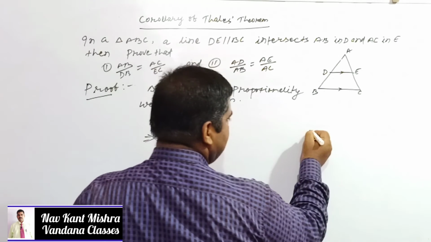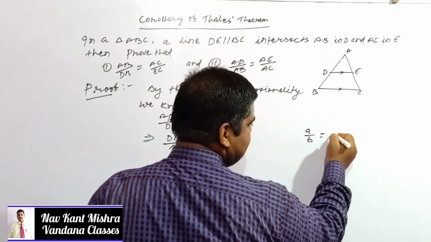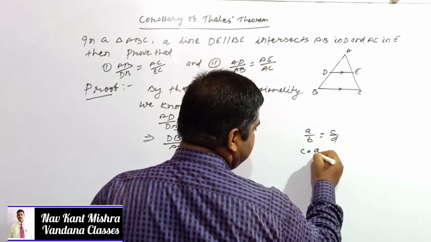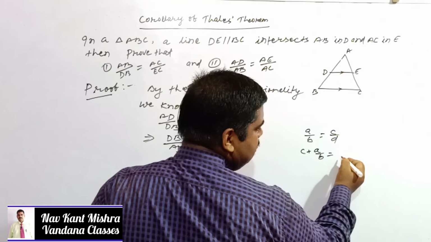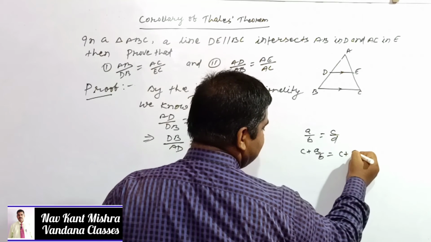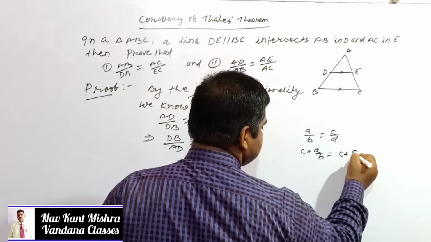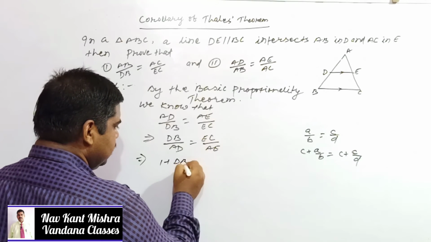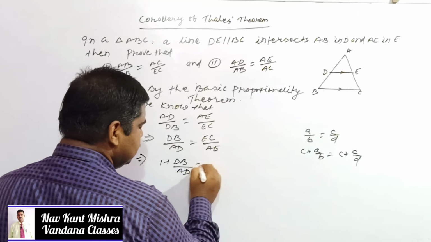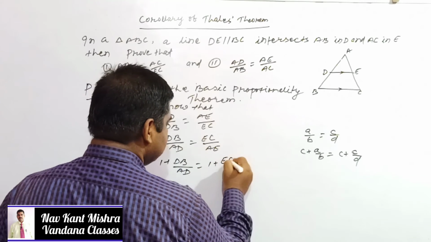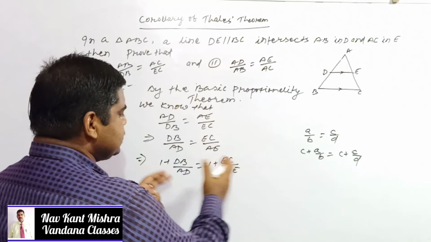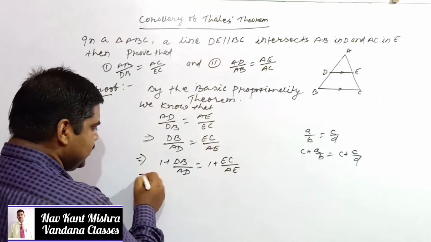After that you apply the same technique: if you add a constant number to both sides of the proportion, the proportion is unchanged. So 1 plus DB upon AD is equal to 1 plus EC upon AE.